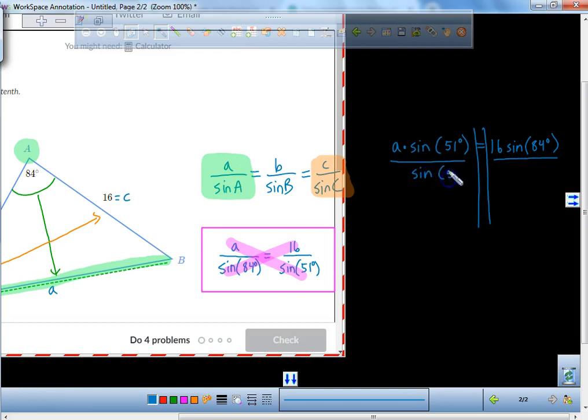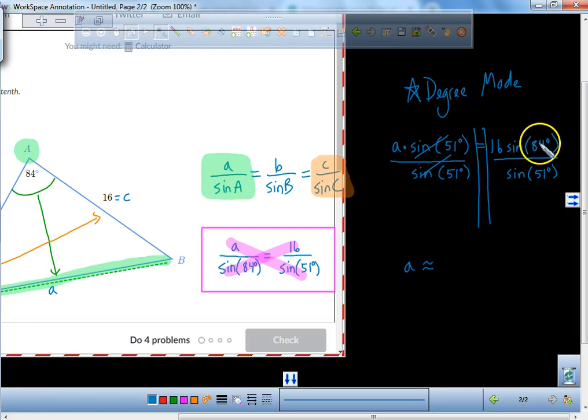The sine of 51 degrees. These will cancel out. a is going to be an approximate value, and this is where please make sure your calculator is in degree mode. I implore you.